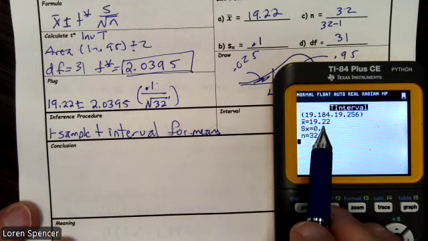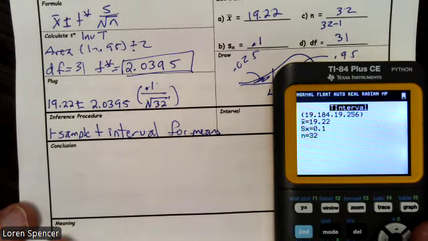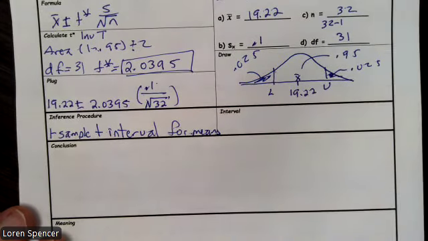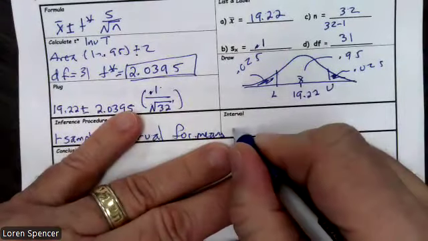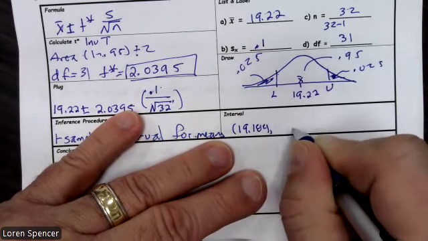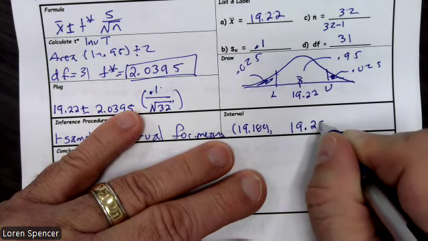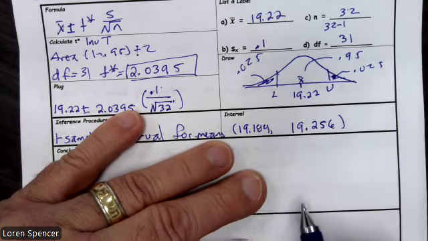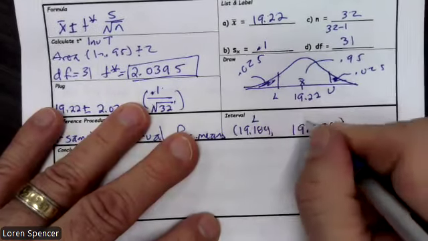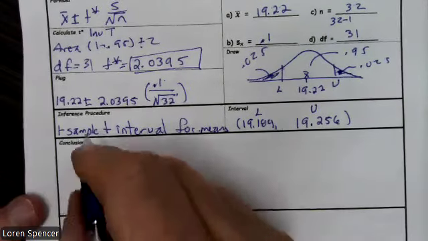And we get an interval of 19.184 to 19.256. So here's my lower, and there's my upper.